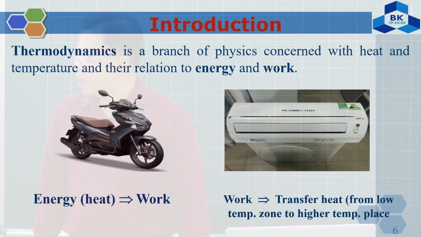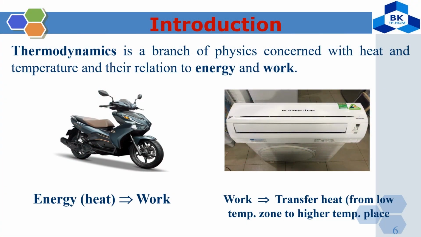For example, you can see this is a motorbike. You know it well, you use it every day. To be able to run the motorbike, first you have to fill it with petrol, or we call it gas. That means you provide the heat, all right?